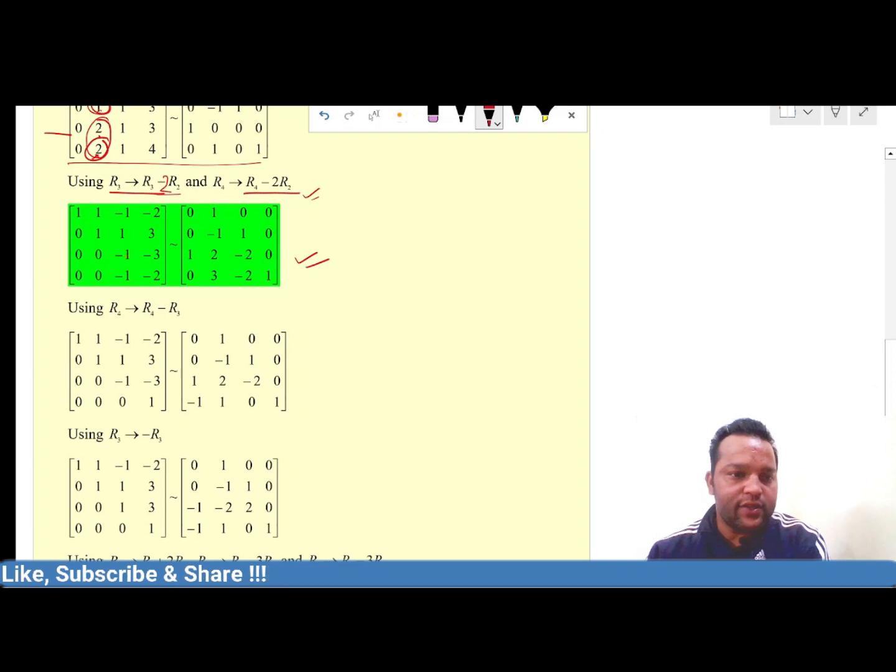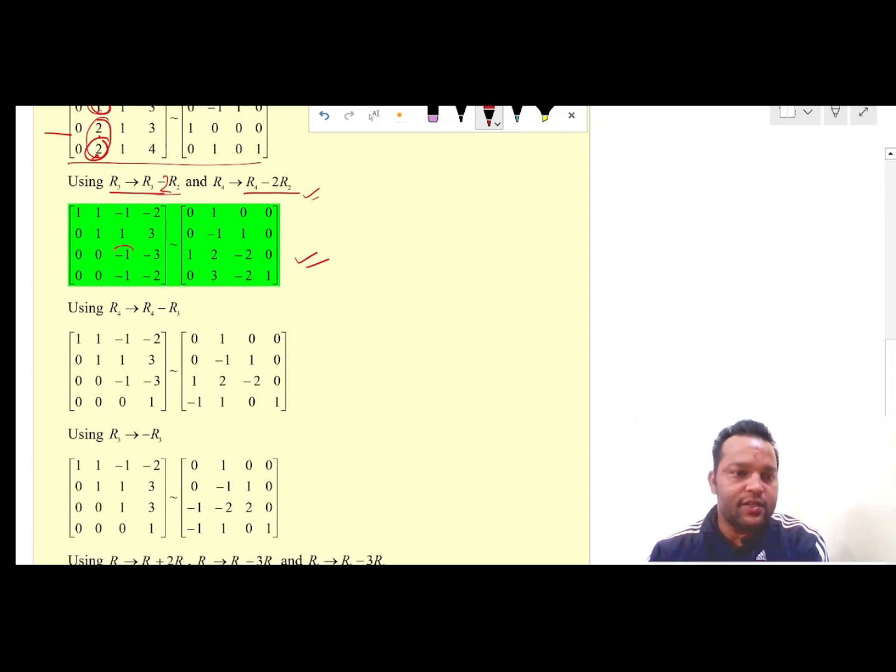Now our next objective is to make this place 1. This can be achieved by simply multiplying the whole row by minus 1, but first, this entry can be transformed into 0 with the help of this minus 1 by simply using the operation R4 minus R3.